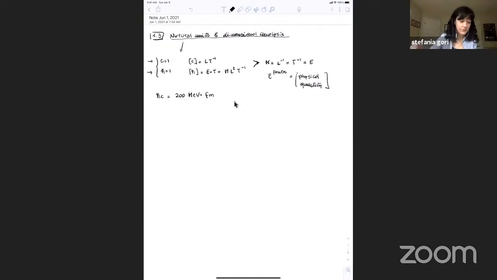And it's also useful to remember that 1 eV is very roughly speaking equal to 10 to the 15 seconds to the -1, and also very roughly 10 to the 7 meters to the -1. This comes directly from imposing that c is equal to 1 and h bar is equal to 1.